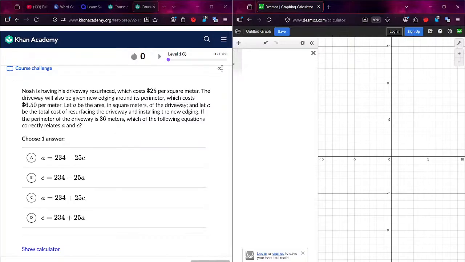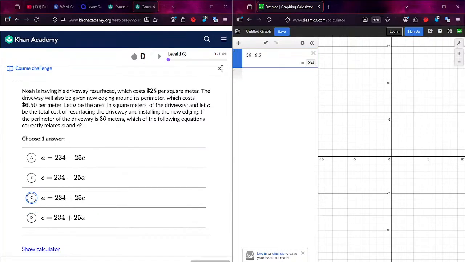Let A be the area in square meters and C be the total cost. The perimeter is 36, so 36 times $6.50 per meter is going to be $234 upfront for the perimeter.